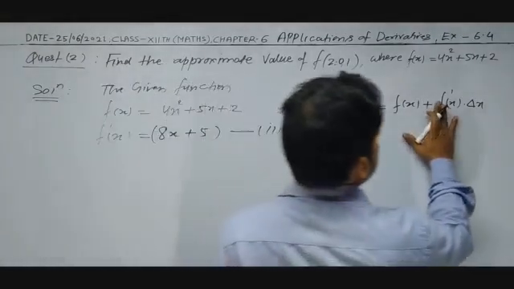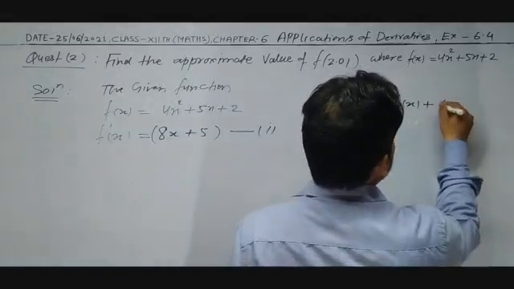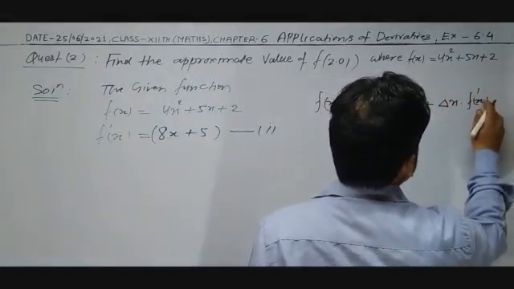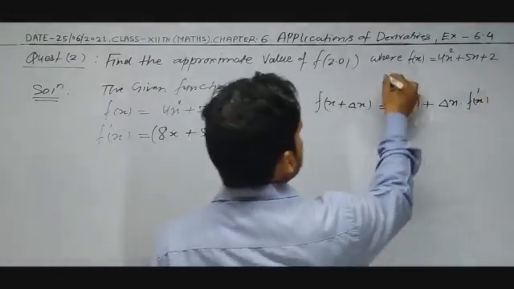This can also be written, by the commutative property of multiplication, as del x times f dash x. So this is the formula.